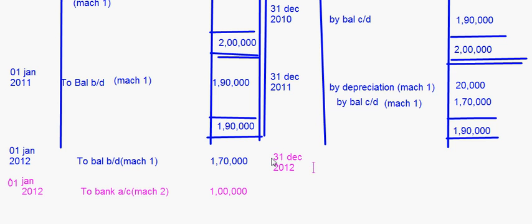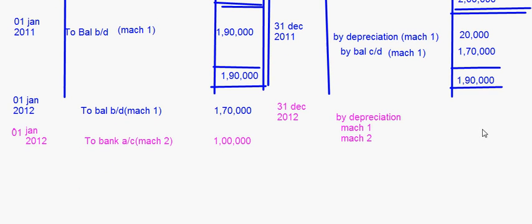So here, that's the same date, 1st January 2012. Here I will have the bank account, and here I will write machine 2, and this is how much, 1 lakh, right?